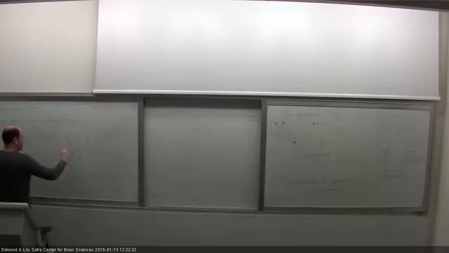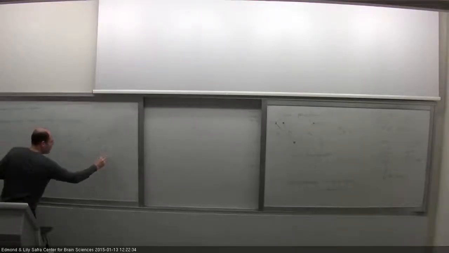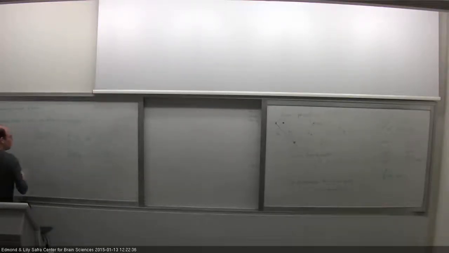We can write it as the average, and I put a half here just for convenience. It's just a matter of definition. So we can write this as half the average of f of X minus W transpose X squared, averaged over the distribution of X.